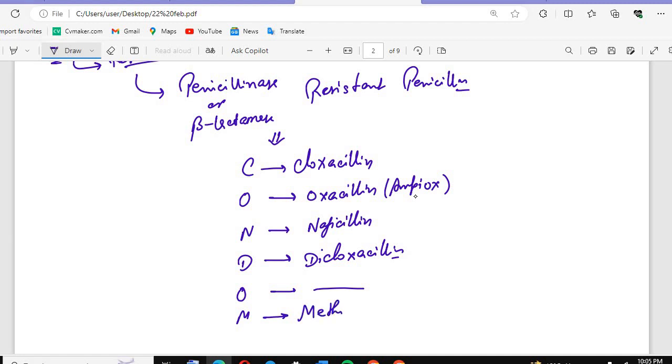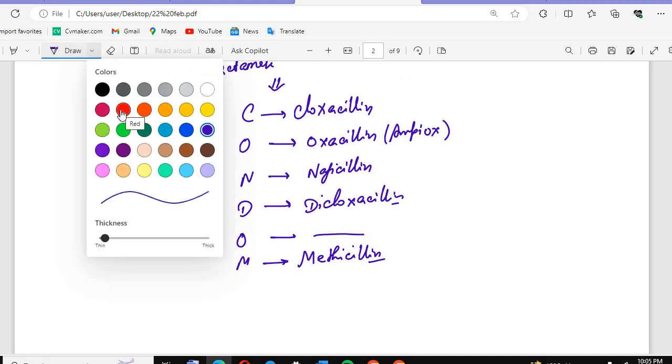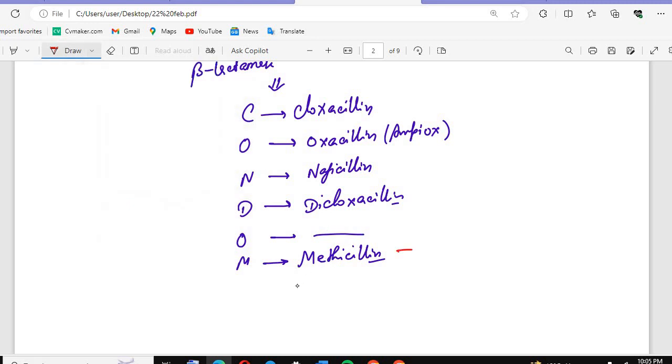Here is the point. Many of the bacteria are methicillin resistant. We call these bacteria MRSA, methicillin resistant Staph aureus.